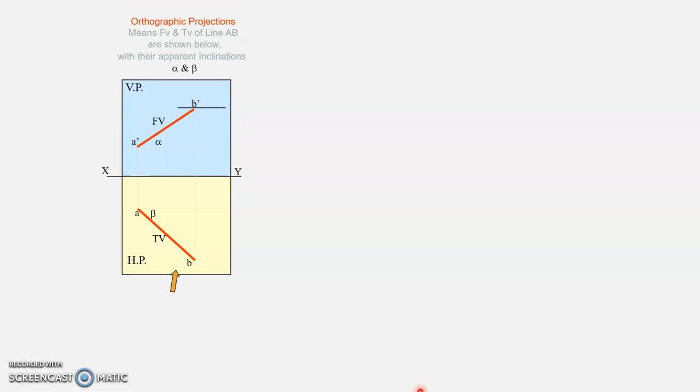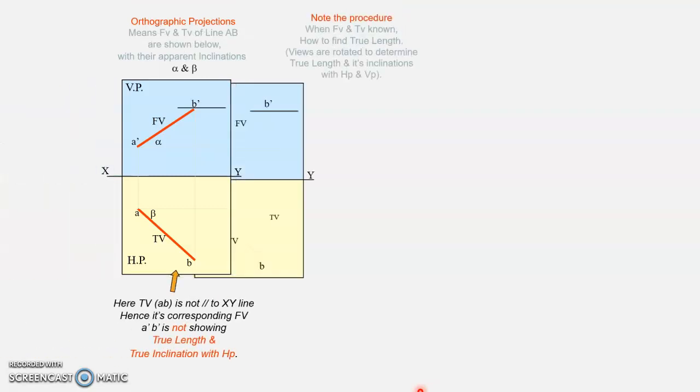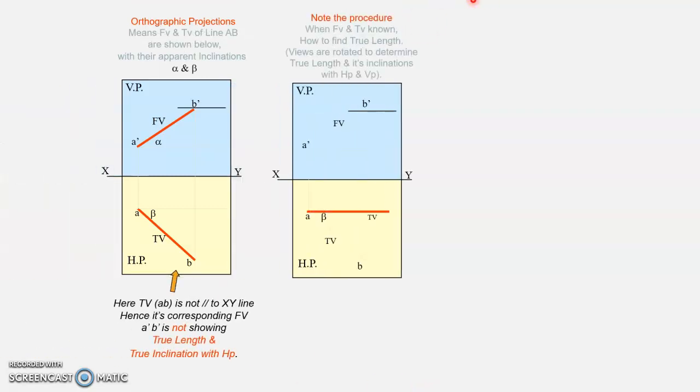First, from the top view we get the true length in the front view. The top view is given here, and it is tilted so that it is parallel to XY. Now the top view is made parallel to this XY.